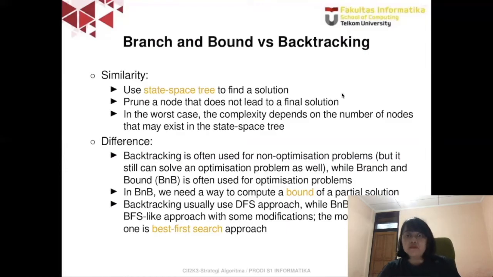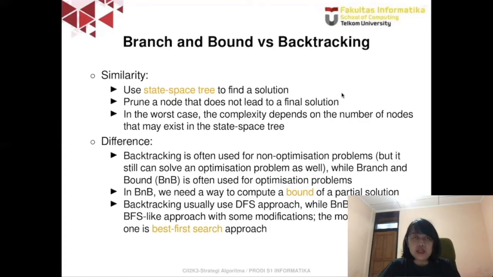In backtracking, we usually just continue constructing the solution from a parent to its child, while in branch and bound we need a way to compute a bound of a partial solution, which tells us which node we will use to continue the construction of the solution. It depends on the bound.